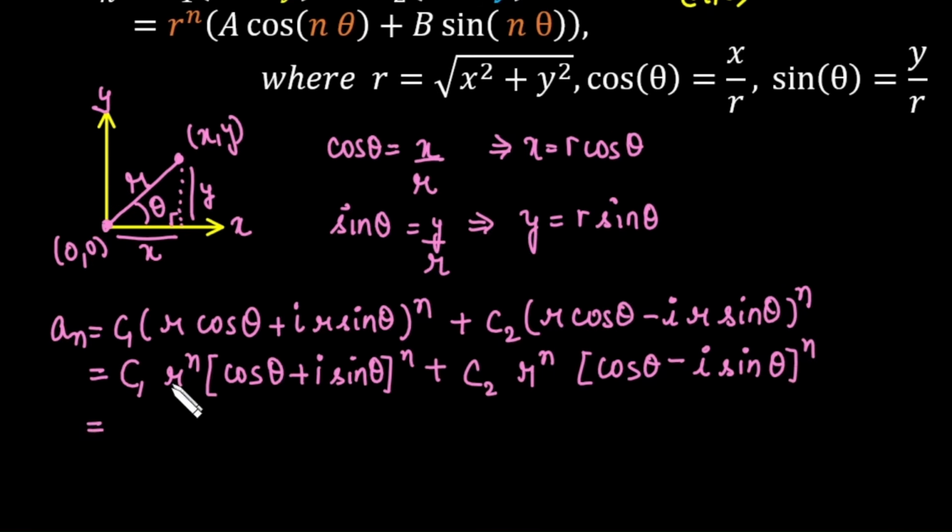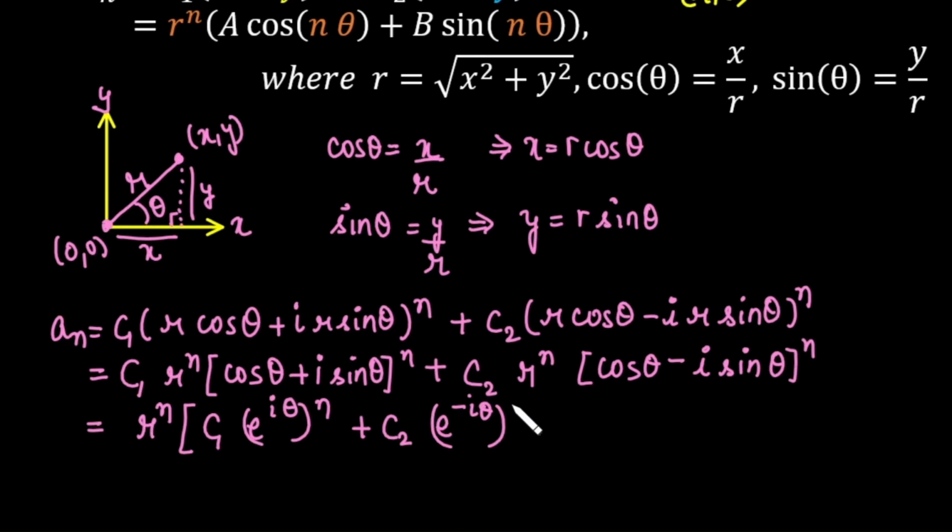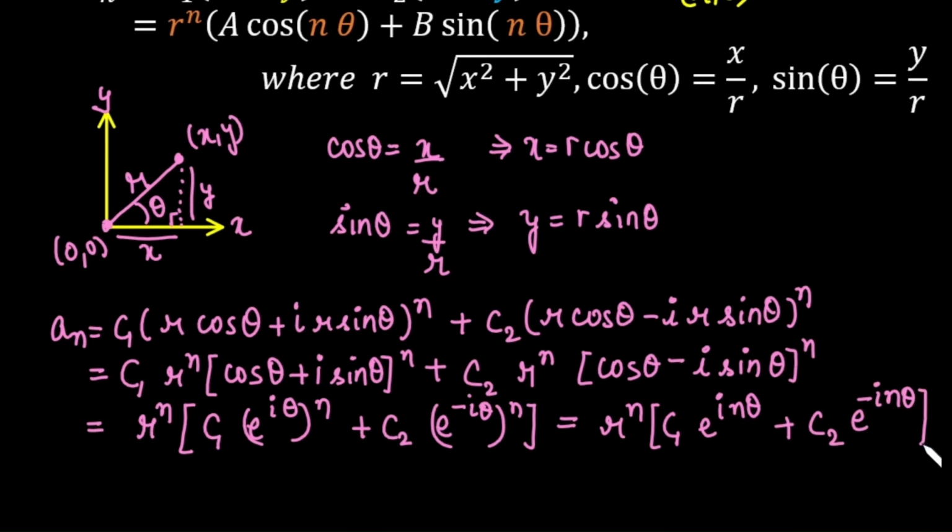This is equal to, now r raised to power n we have in this case as well as in this case, so we can write r raised to power n outside. C1, this can be written as e raised to power iota theta raised to power n, plus second constant, this can be written as e raised to power negative iota theta raised to power n. This is further equal to r raised to power n, first constant e raised to power iota n theta plus second constant e raised to power negative iota n theta.